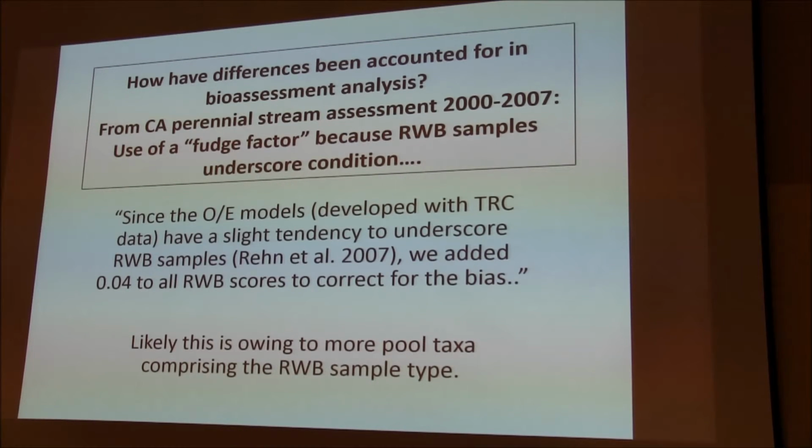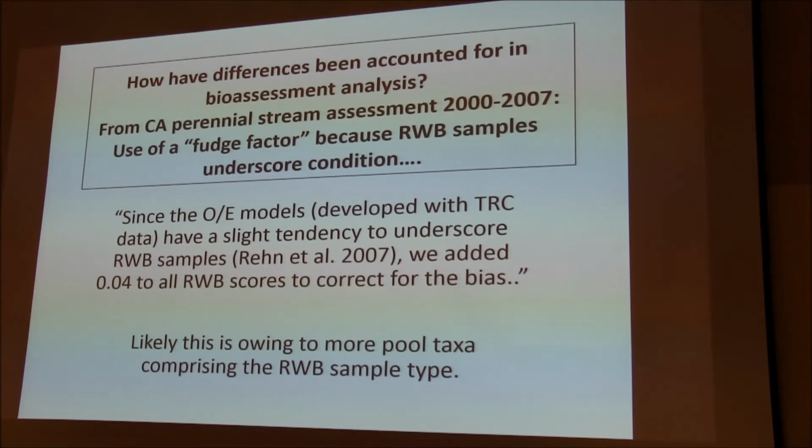So how have other bioassessment studies tried to account for some of these differences? I went back and was looking at some of the work done in the comparative studies that Andy Rehn and Pete Ode and Chuck Hawkins reported on about 10 years ago.